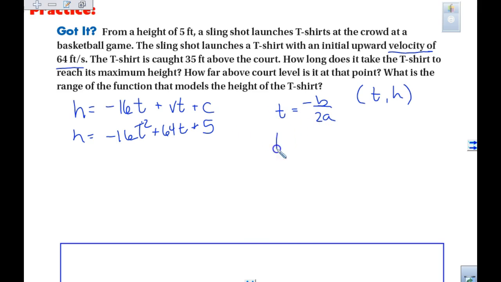As we are taking a look at this, t is equal to negative b over 2a. Looking at ax squared plus bx plus c, what's my b?